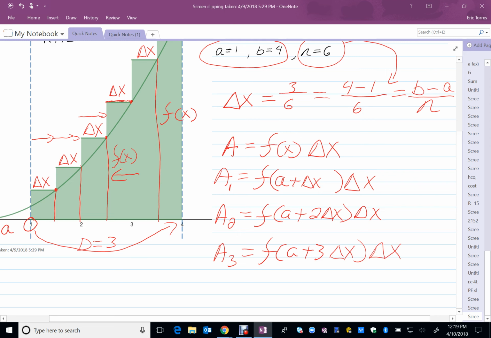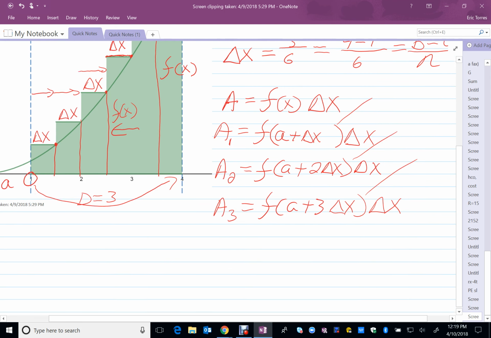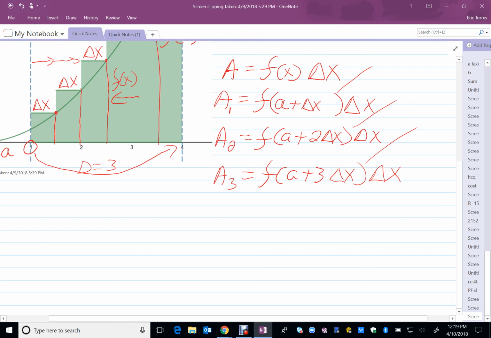And we begin to see a pattern forming here. First rectangle is 1 delta x over. Second rectangle is 2 delta x's over. The third rectangle is 3 delta x over, which means the area of the nth rectangle, or any of them, is going to be, actually I'm going to put the ith rectangle, sorry.